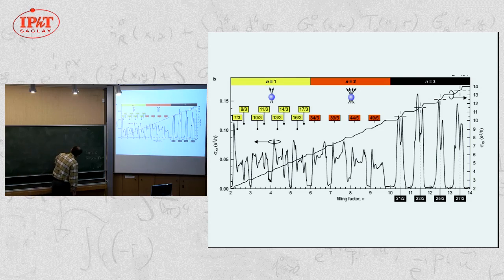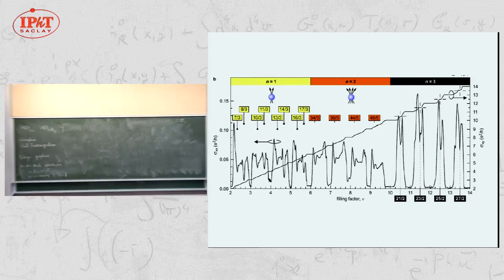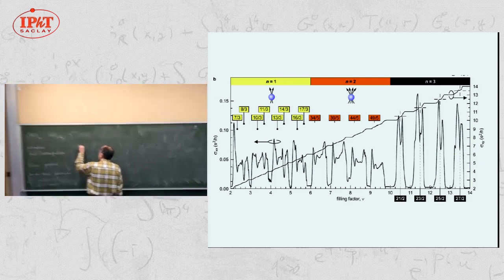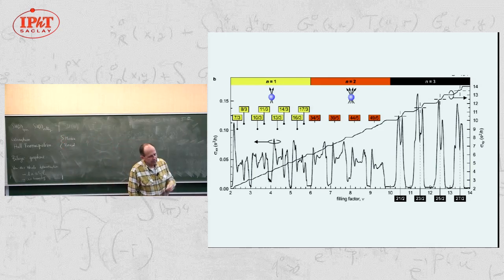We know that Laughlin has been quite successful by proposing a very nice wave function, essentially on variational grounds, simplicity, and the fact that it has a good variational energy. In the case of the half-filled Landau level, the n equal 1 Landau level, Moore and Read have also proposed a wave function with a different idea. Their idea was related to conformal field theory. So I will first write down the wave function, and then I will explain the relationship with conformal field theory.